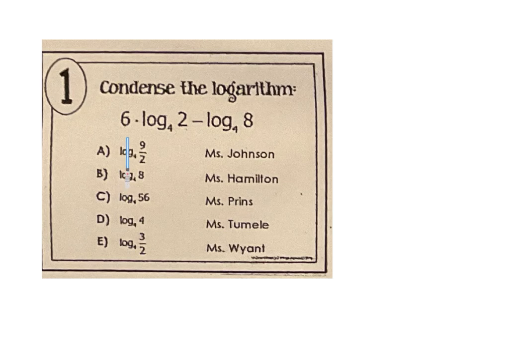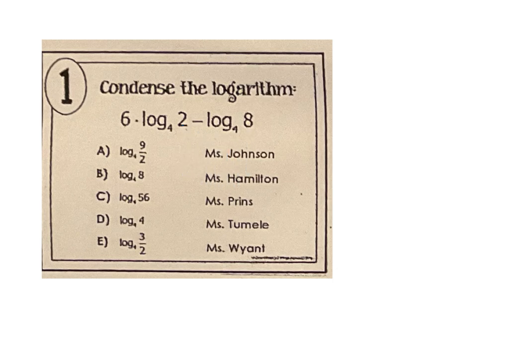Right away we can see that we have a 6 in front of this log base 4. That means our 6 is a power, because it's a star on the ground, so we need to throw it into the sky. So this becomes 2 to the 6th. And we have a subtraction sign, and subtraction means that we divide the first number by the second number.